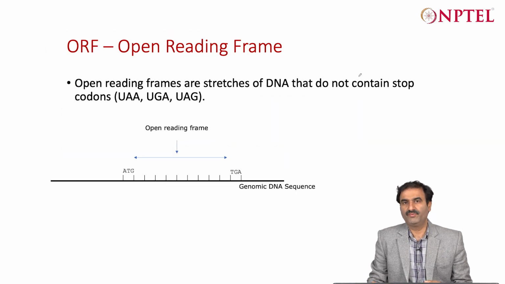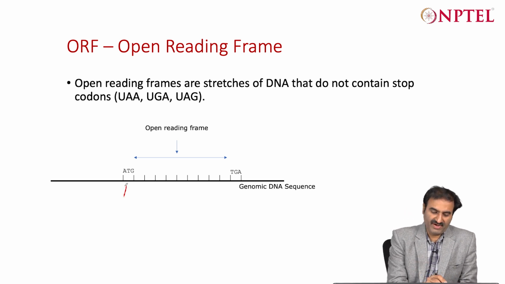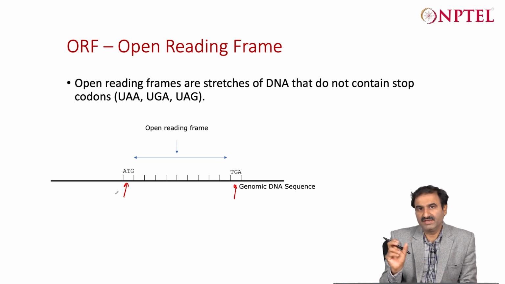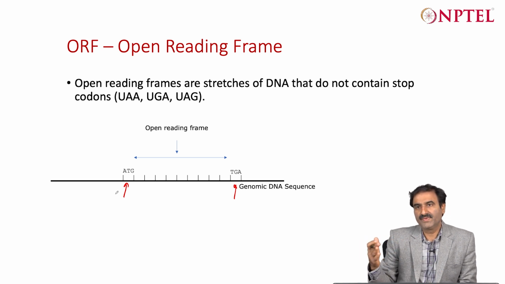Now, what is an open reading frame? Among the 6 different reading frames, there could be a stretch which starts from a start codon and ends with a stop codon, and in between, in the same reading frame, we proceed by adding codons of 3, 3, 3, reading the DNA without leaving any gap.